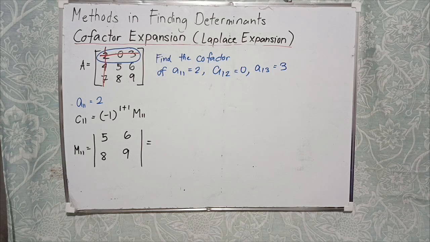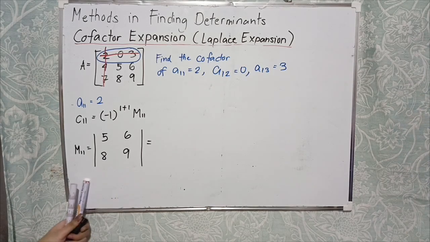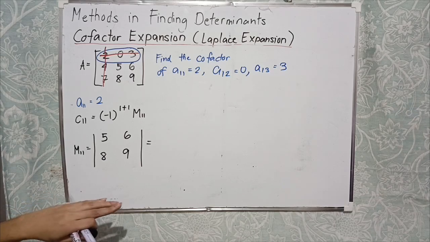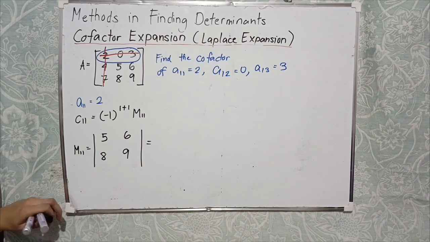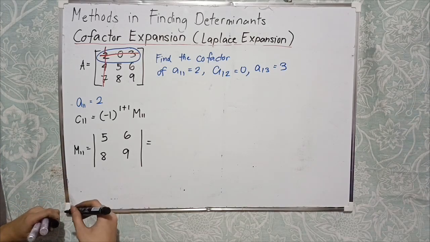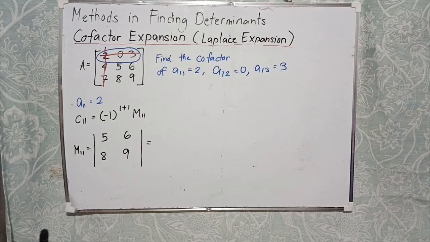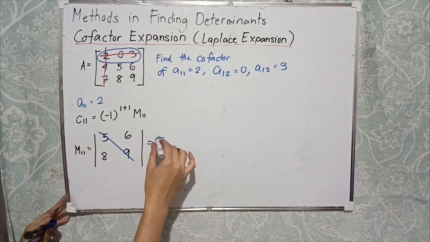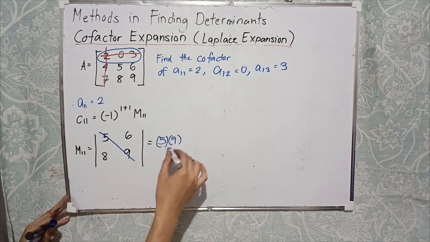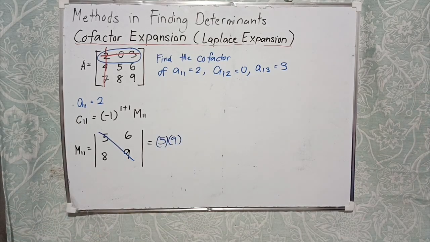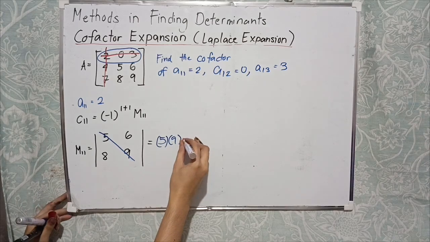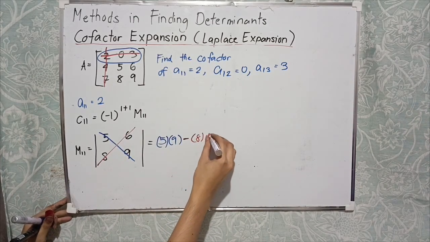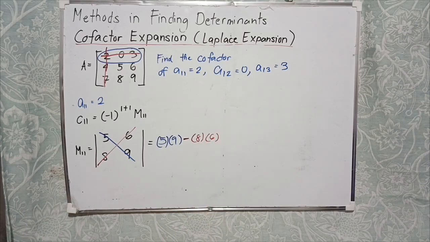Next, let's solve for its determinant. We can use the Leibniz formula to solve for the determinant of a 2 by 2 matrix. So we have 5 times 9 minus 8 times 6.